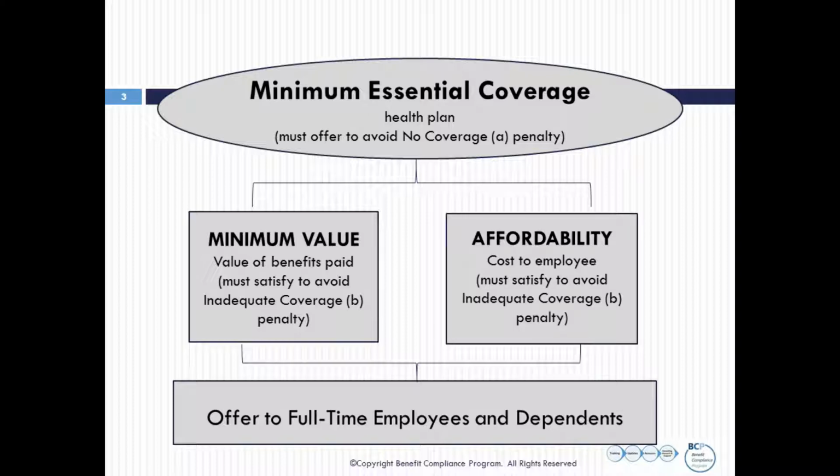Minimum value has to do with the value of benefits paid. Affordability has to do with the cost of the benefit to the employee. And both of those standards would need to be satisfied in order to avoid the inadequate coverage or the B penalty. And then you would need to offer your minimum essential coverage that meets those standards to your full-time employees and dependents. So we'll take each one of those and dig in a little bit deeper.